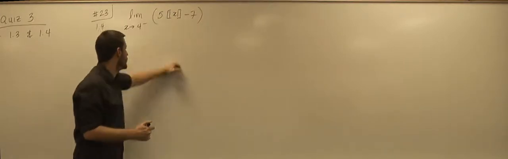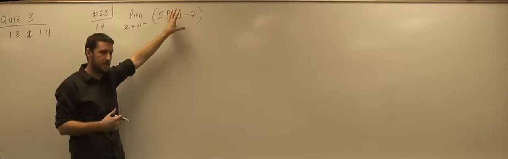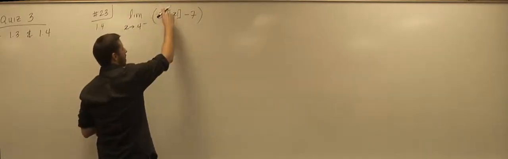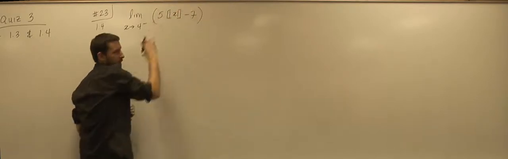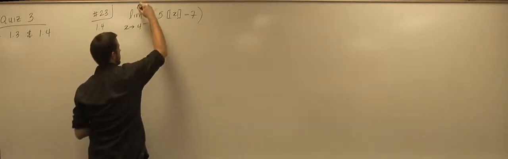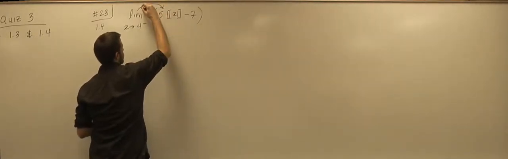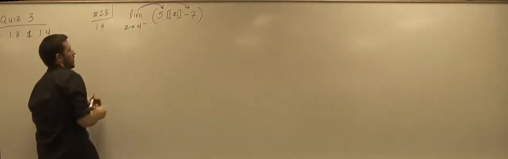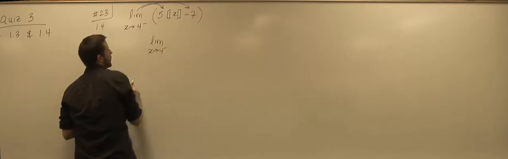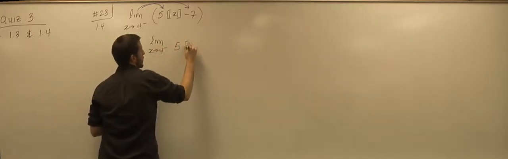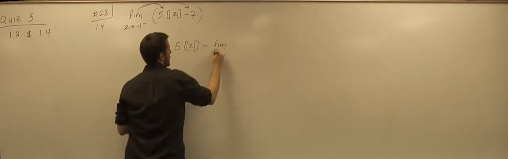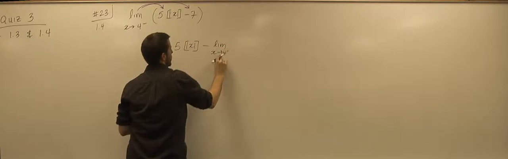The easiest way to do this, in my opinion, is to push the limit in. Remember, we have all these limit rules that say you can put the limit past a constant multiplication and you can distribute it and all that. So what I would do is get the limit as close to the function as I possibly can. So first you distribute. This will become the limit as x goes to 4 from the left of 5 greatest integer x minus the limit as x goes to 4 from the left of 7.